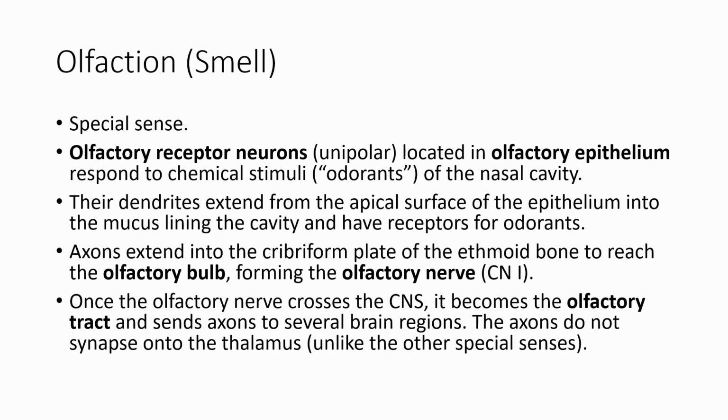Our sense of smell is going to be much more direct, much more nuanced. This is another special sense. We have olfactory receptor neurons that are unipolar. These are located in the olfactory epithelium, and they respond to chemical stimuli as well when it comes into the nasal cavity. Little chemical particles, when they come into your nasal cavity, can bind to these receptor neurons to give you a picture of what you are smelling.